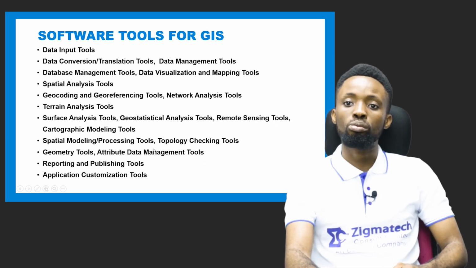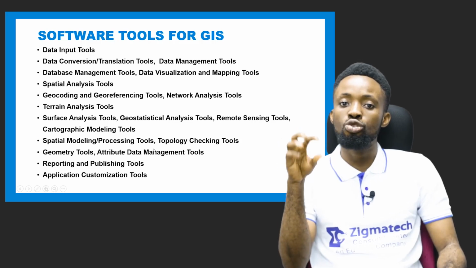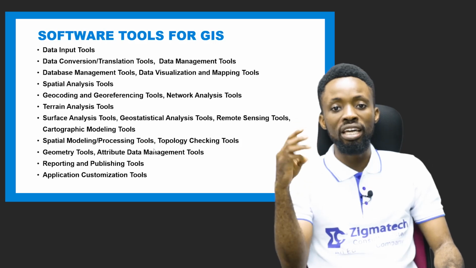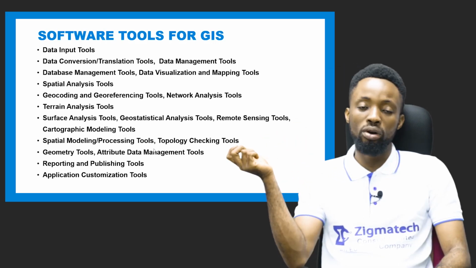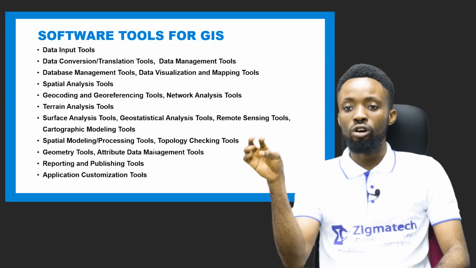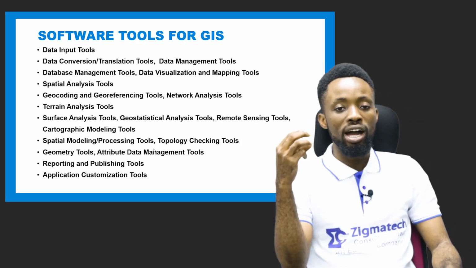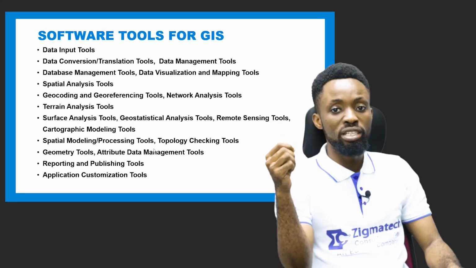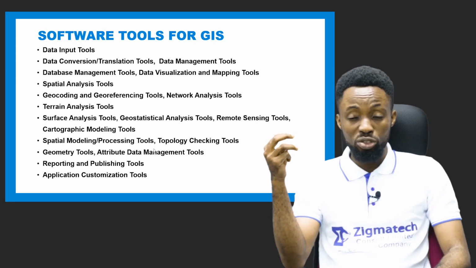Now let's look at some software tools that we actually use for GIS. They include things like data input tools that help us to input data in the computer. We also have conversion and translation tools, data management tools, tools for database management, and tools for data visualization.